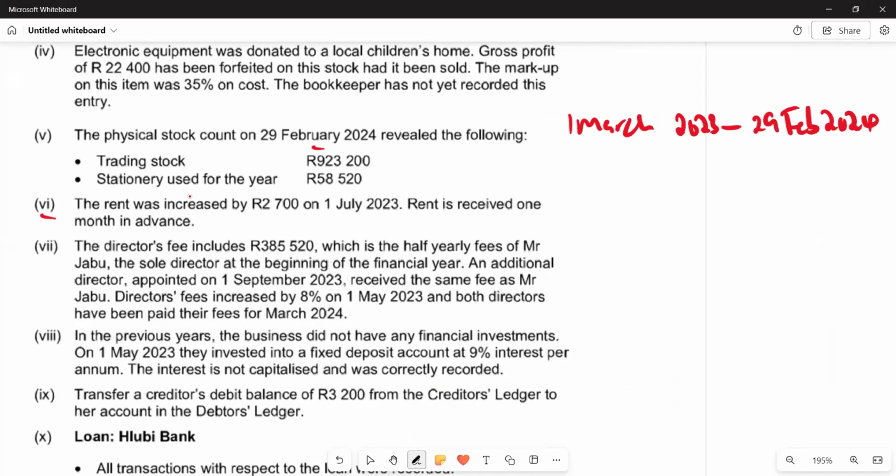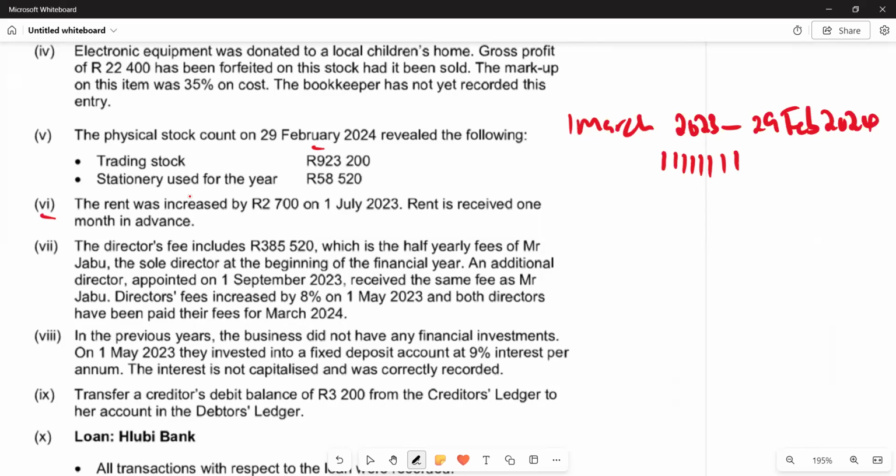So this is our financial year. But the rent is said to have been increased by 2,700 on 1 July. So the months after the increase are July, August, September, October, November, December, January, February.